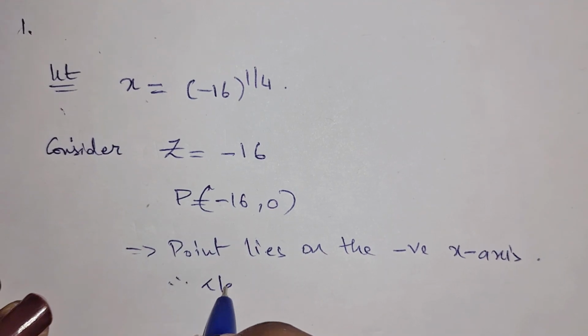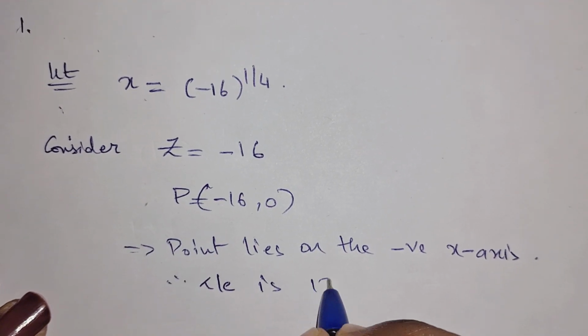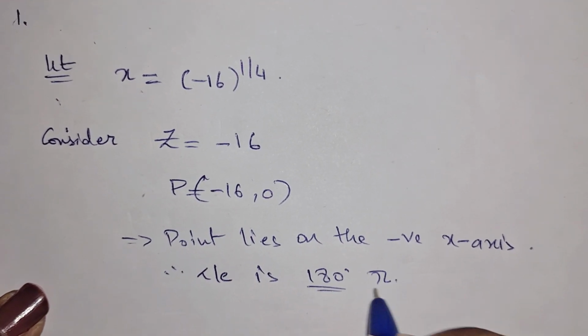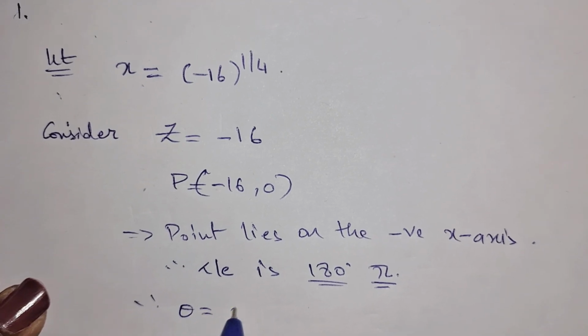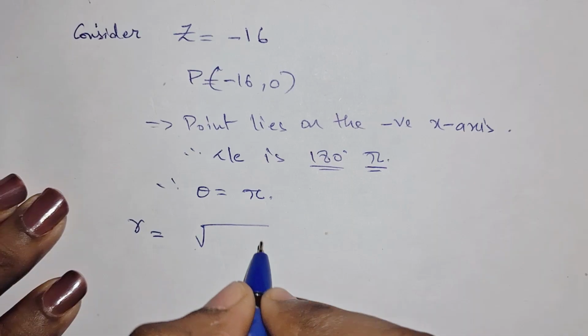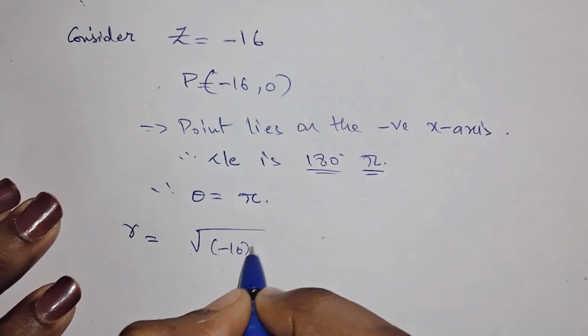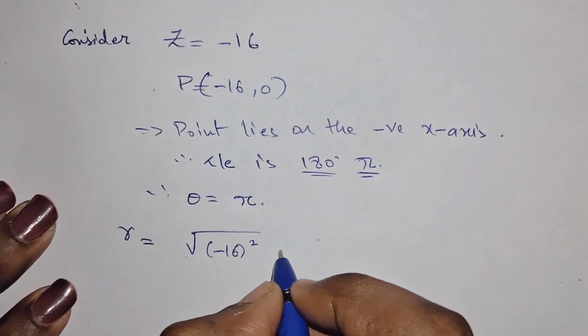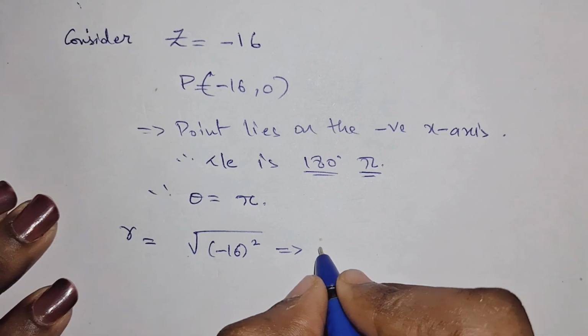Therefore the angle is 180 degrees, that is pi. Therefore theta is equal to pi. R, that is the modulus of z, is root of x square plus y square, minus 16 whole square, which is equal to 16.